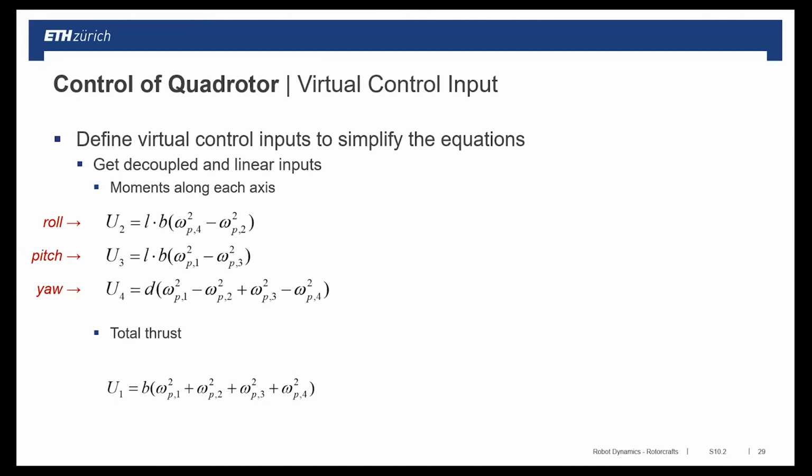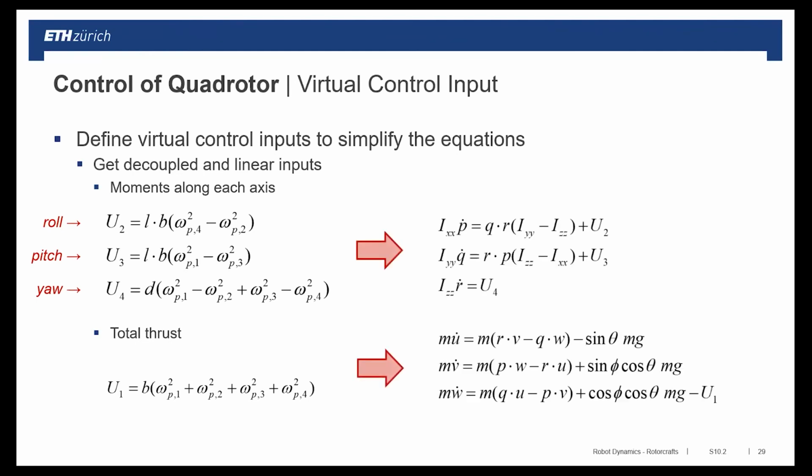we have for roll, pitch, and yaw, decoupled systems. This is very nice with quadrotors, at least as long as you are around hover. Now what we want to do is to simplify the equations. So we define a virtual control input, the difference of the omega squares.